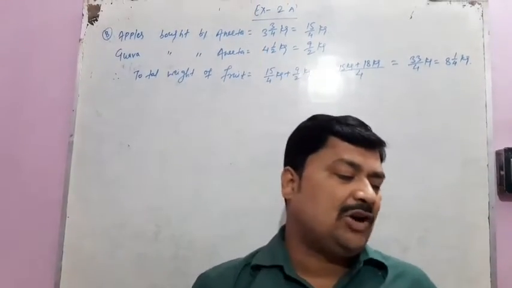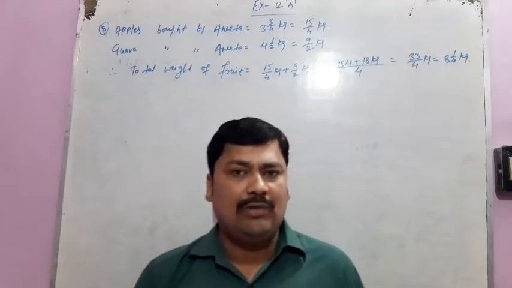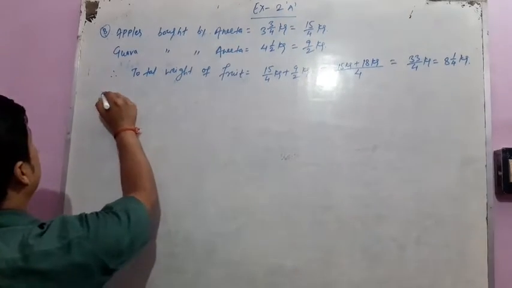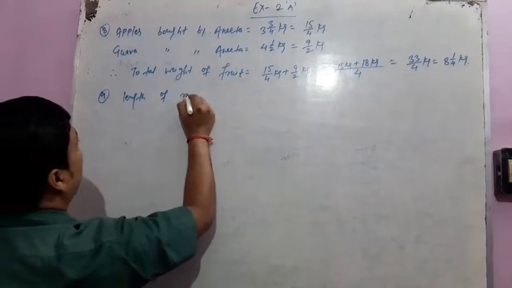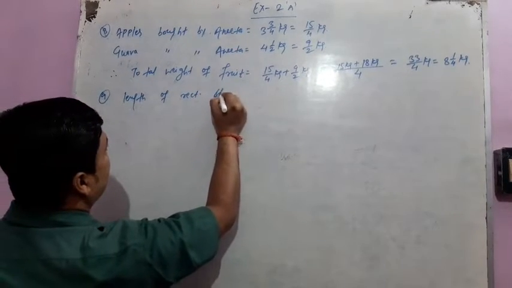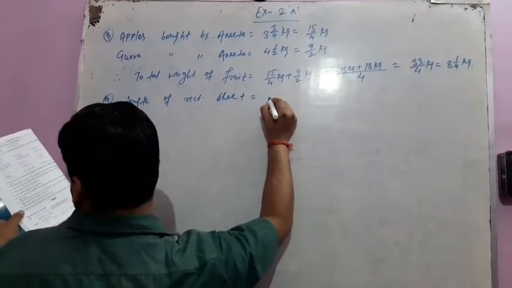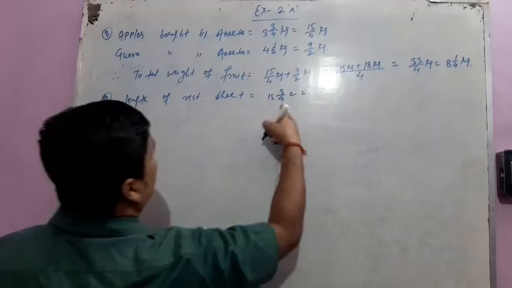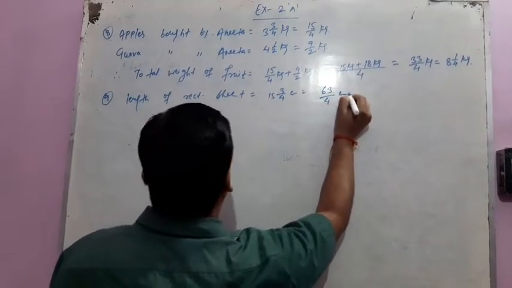A rectangular sheet of paper is 15 whole 3 by 4 centimeter long and 12 whole 1 by 2 centimeter wide. So the next question is, length of rectangular sheet, that is 15 whole 3 by 4 centimeter. 15 times 4 is 60 and 3, 63 by 4 centimeter.